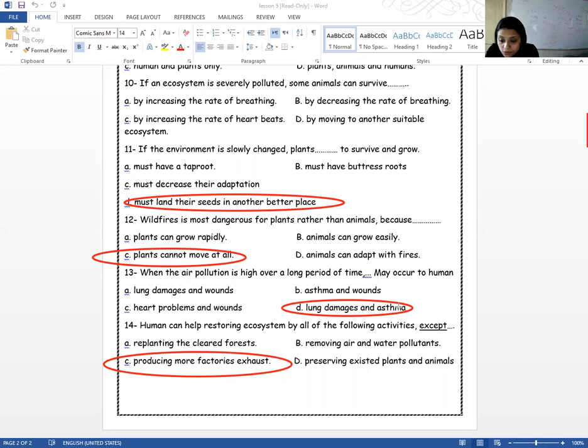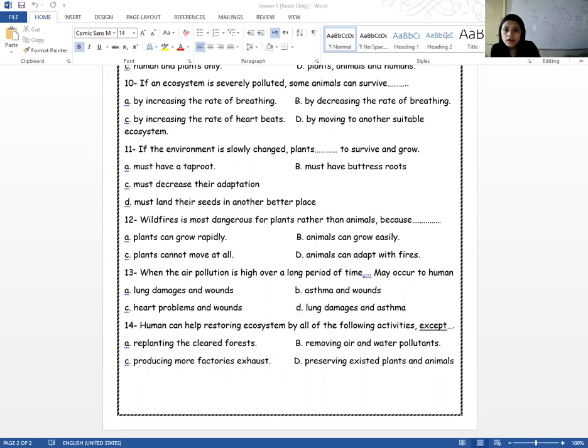Number C, producing more factories means making more water and air pollution, so it can't restore the ecosystem. After that, please open the worksheet.